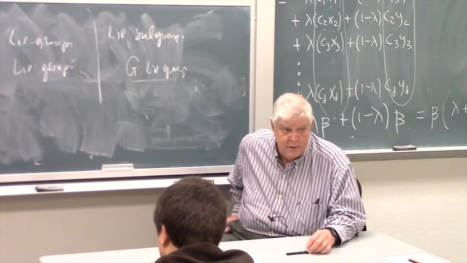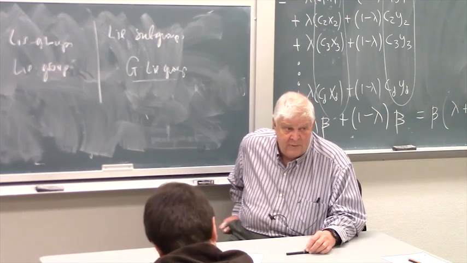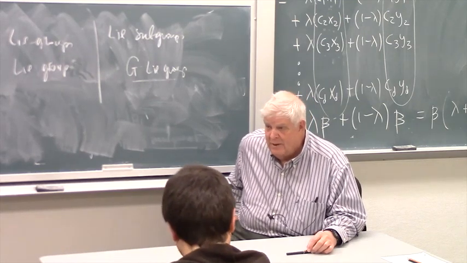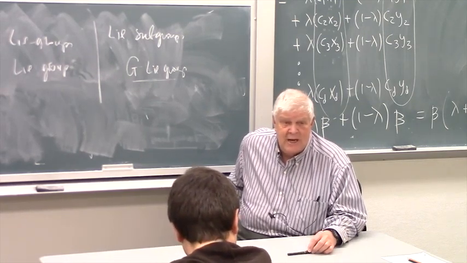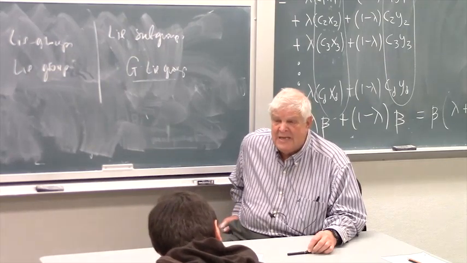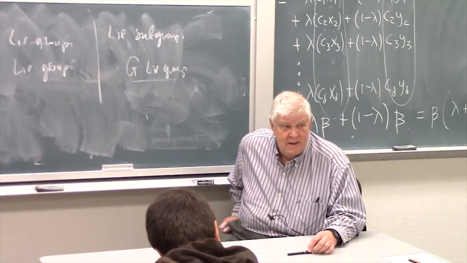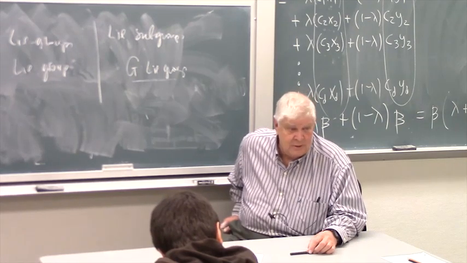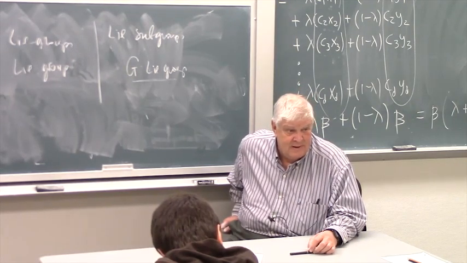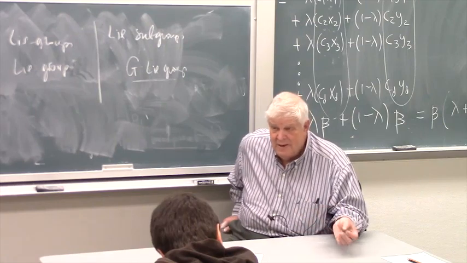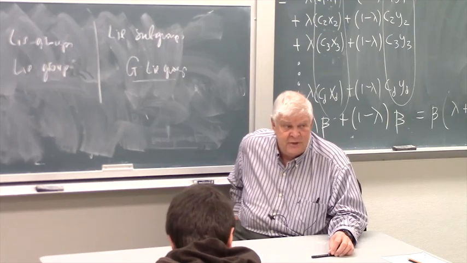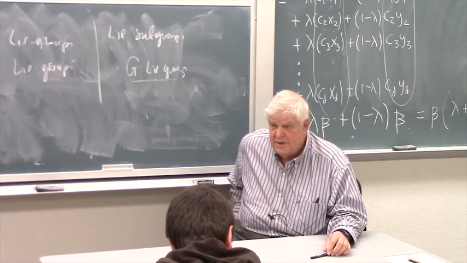A Lie subgroup: we have a manifold G, then a submanifold, which I suppose to be a closed subset of this manifold. And also it is a subgroup. So the following condition: a subgroup of G, which is closed with respect to topology.